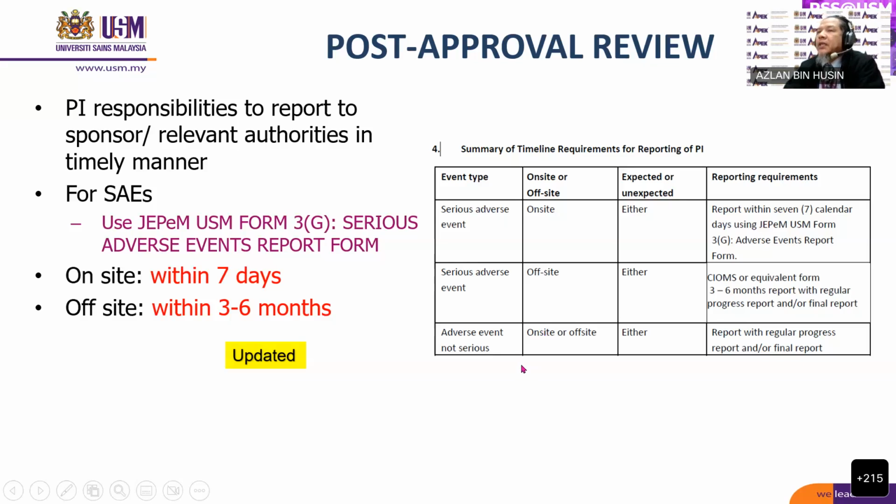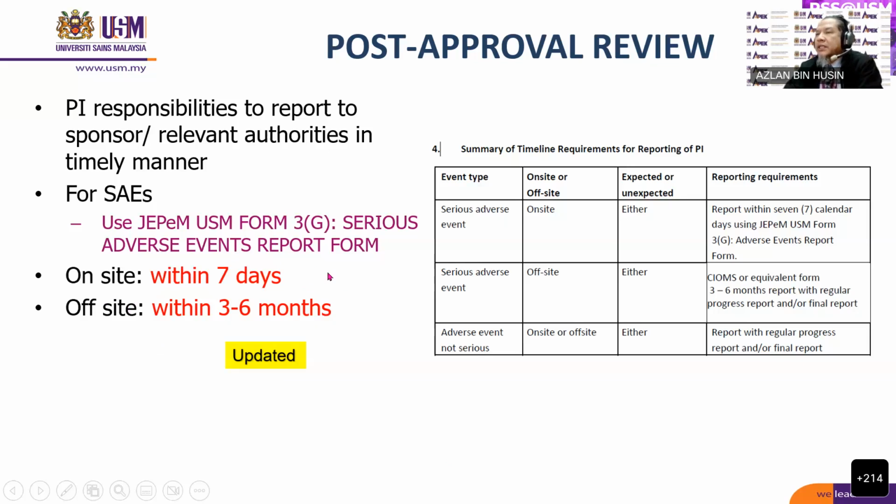If the SAE, which is serious adverse event, not effect, serious adverse event, any event that is serious enough to require admission or prolonged stay, or that leads to death, needs to be reported as soon as possible to the sponsor, and you have to acknowledge it to the ethics committee within 7 days.